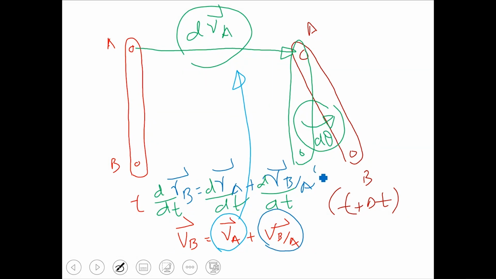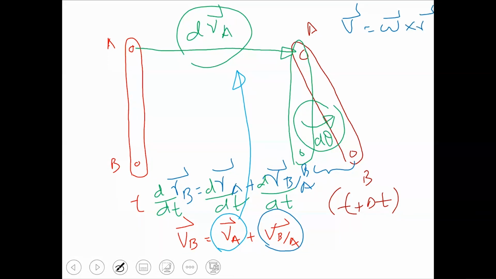Since for this rotational aspect point B is in pure rotation with respect to point A, what formula for the V vector did we study in case of pure rotation? Do you remember anything from today's lecture? In case of pure rotation, what was velocity vector VB? It was basically omega cross R. Do you remember?